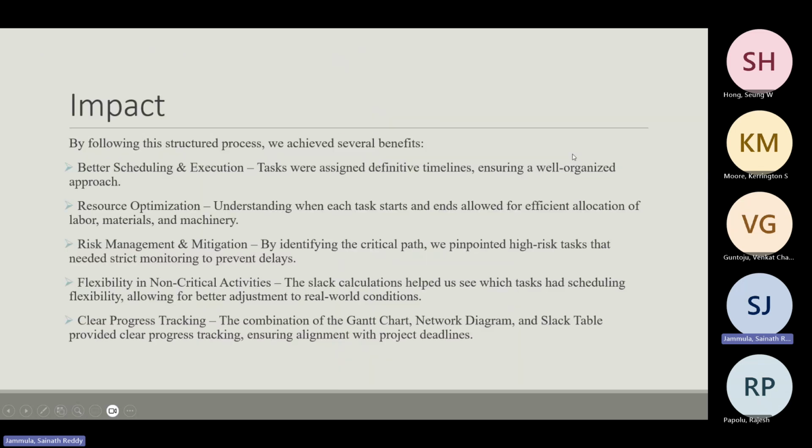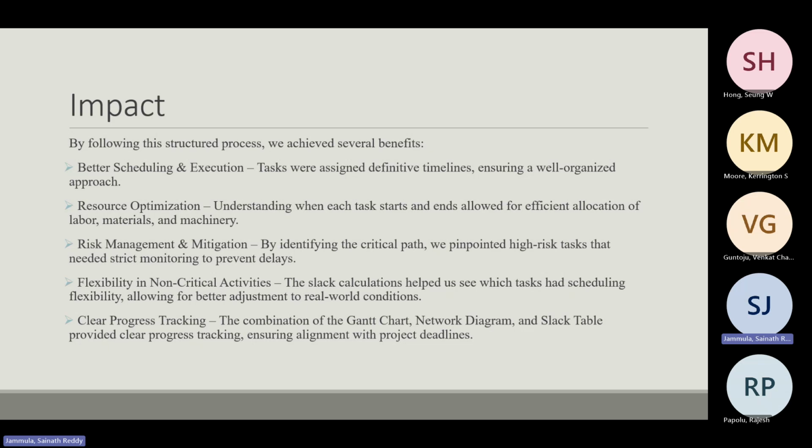And coming to the impact of this project, this project helps us be better at scheduling and execution because the tasks were assigned definite timelines, assuring a well-organized approach. Even understanding when each task starts and ends allowed for efficient allocation of labor, materials, and machinery, which would result in better resource optimization.